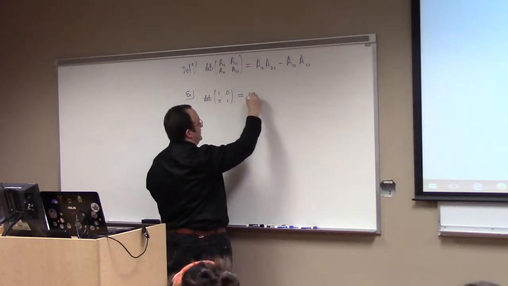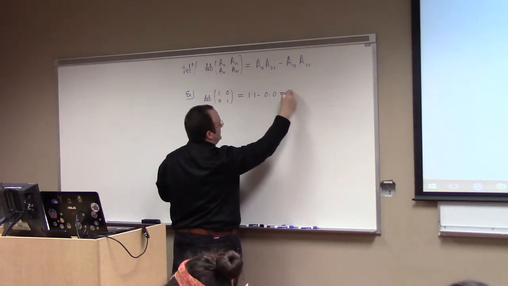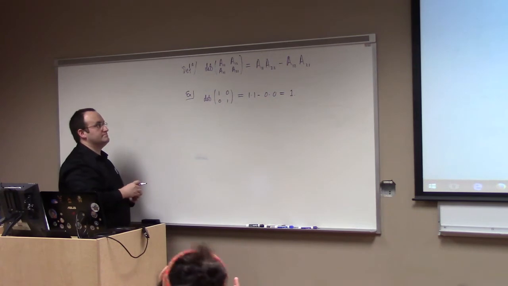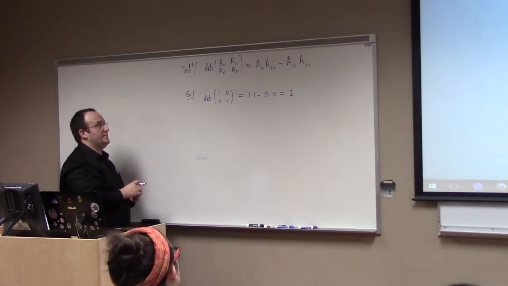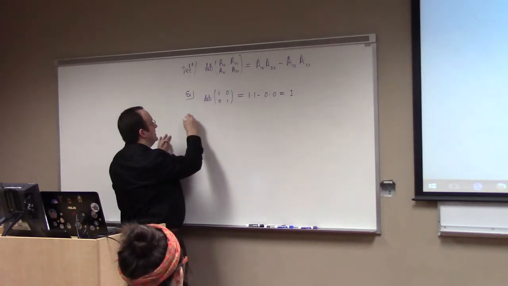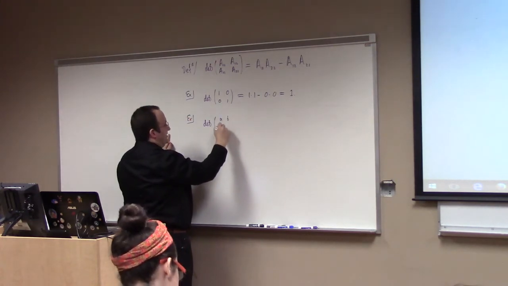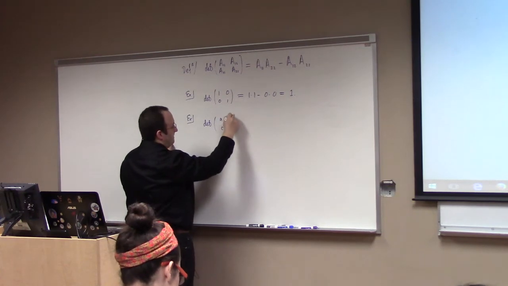It's 1 times 1 minus 0 times 0, which is 1, right? What happens if I take the determinant of the matrix A, B, C, D transposed?